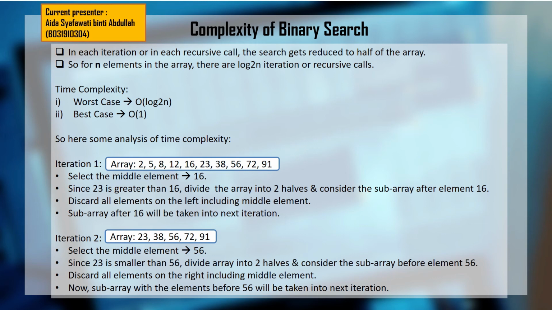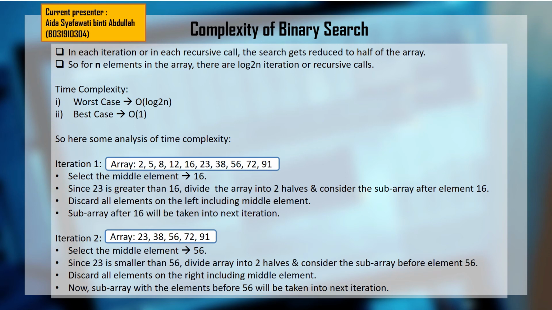For iteration 2, the array is 23, 38, 56, 72 and 91. Select the middle element 56. Since 23 is smaller than 56, divide the array into 2 halves and consider the subarray before element 56. Discard all elements on the right including the middle element.